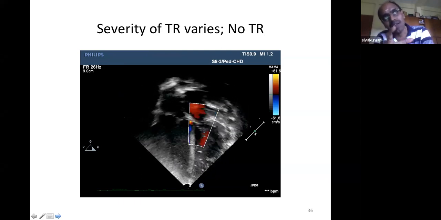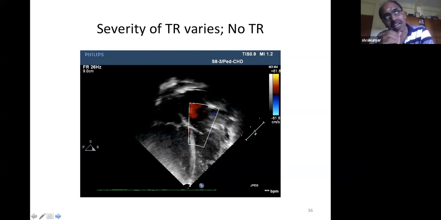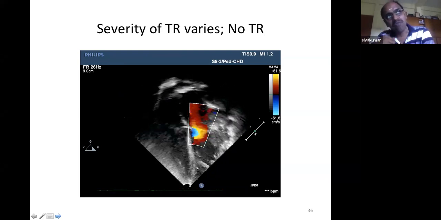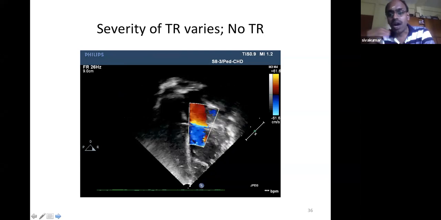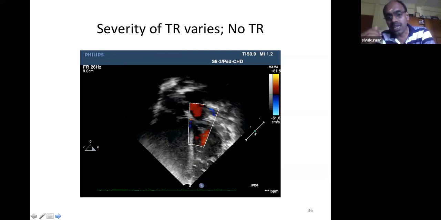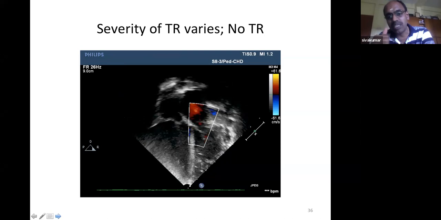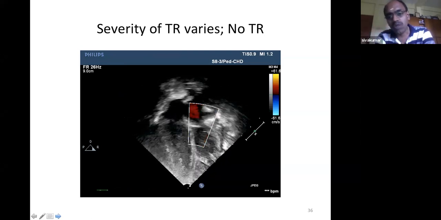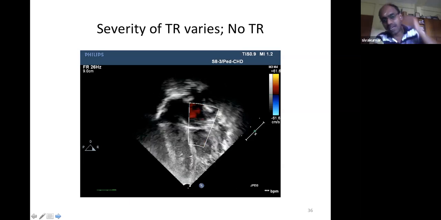What is the annular diameter? Is there excessive mobility? And if there is excessive mobility, are the leaflets still being held by the chordae, which means it is only prolapsing, or are the leaflets completely out of control of the chordae? That means it is flail.